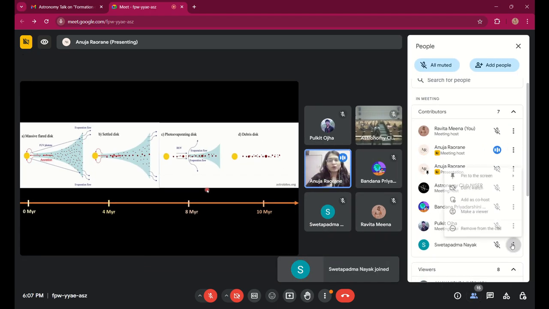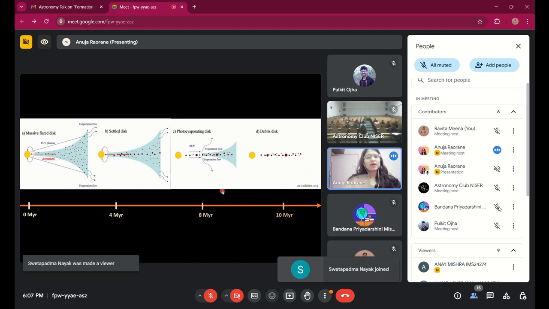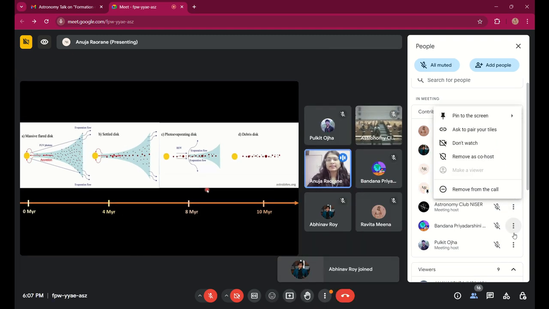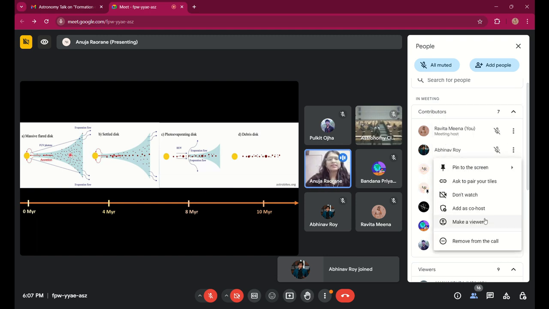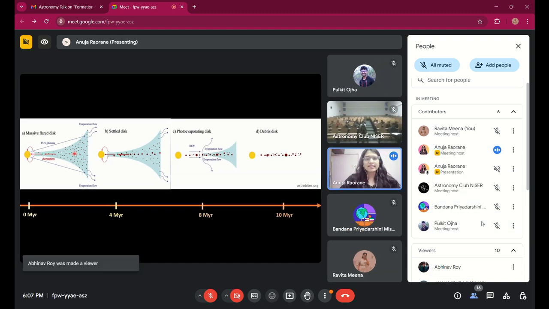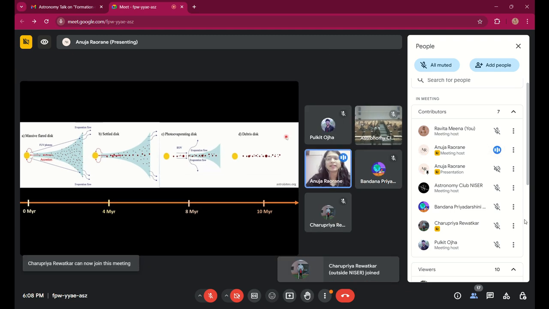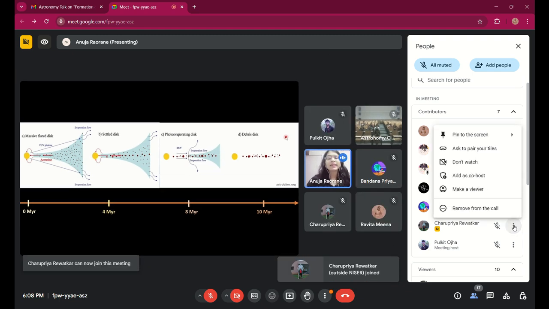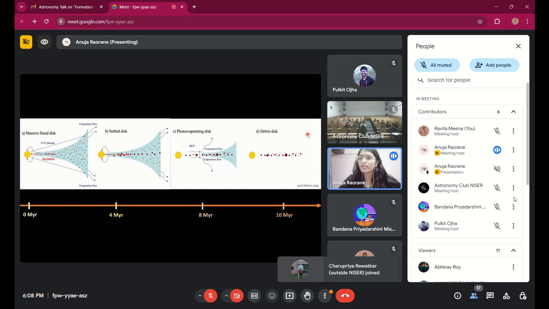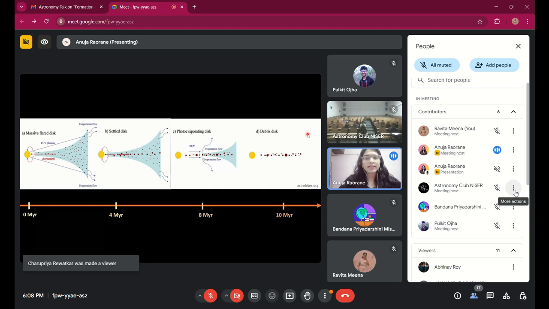Moving ahead, we are talking about the protoplanetary disk, and we are going to talk about how our planets formed in this protoplanetary disk. But every disk has a life or a timeline. The timeline is divided into a massive flared disk, a settled disk, a photoevaporating disk, and a debris disk. I'm not going to talk in detail about each stage of this timeline, but I want you to remember that in our solar system, specifically for our sun, this protoplanetary disk is made of gas and dust particles.